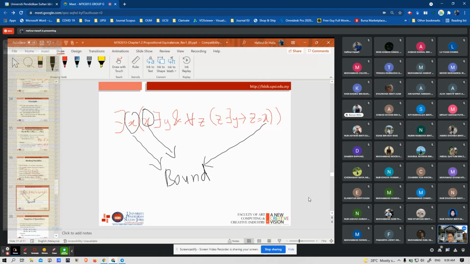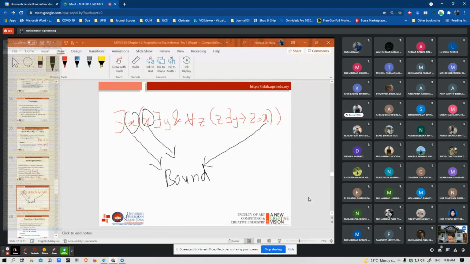Okay, bound, because of bound occurrences. Because you can see existential x, x is bounded. Okay, that is for example one.